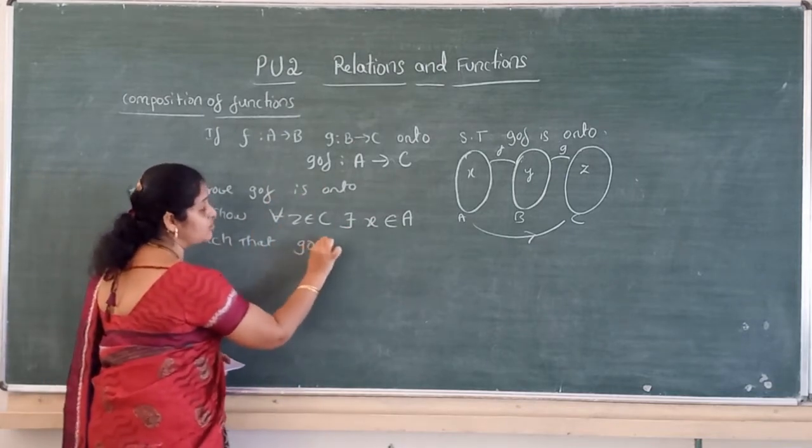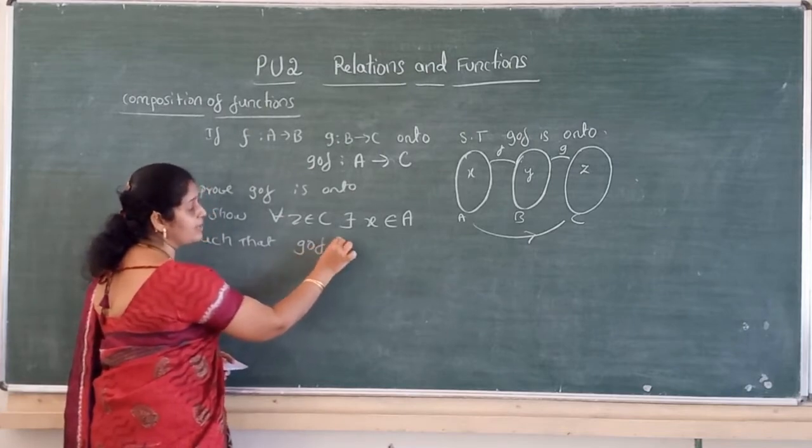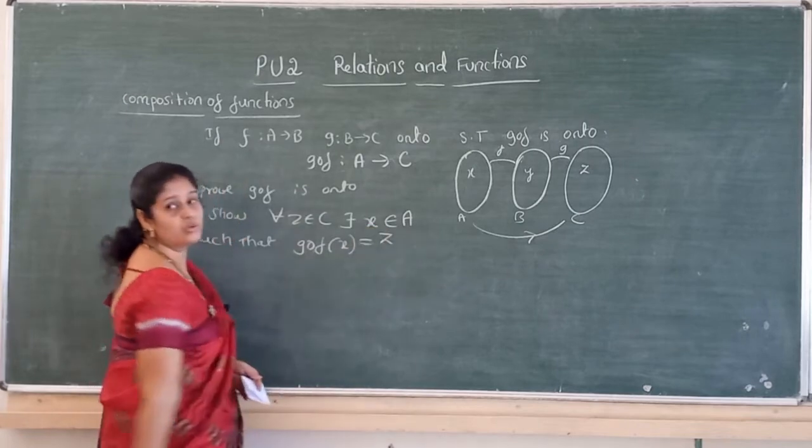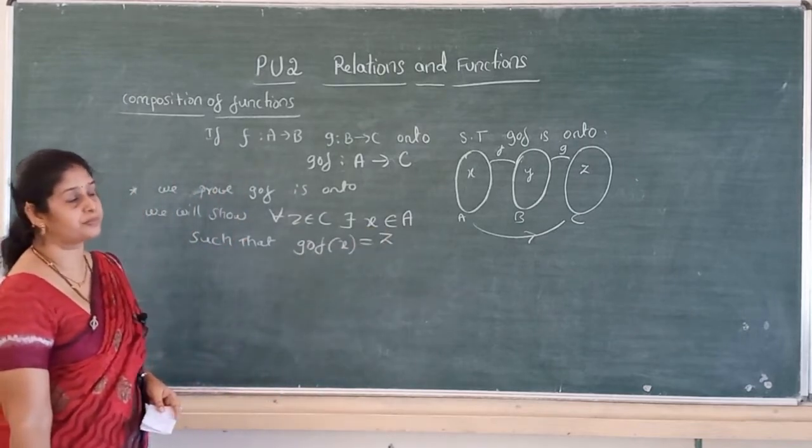That means I have to write g of f of x must be equal to z. In that way I have to prove.